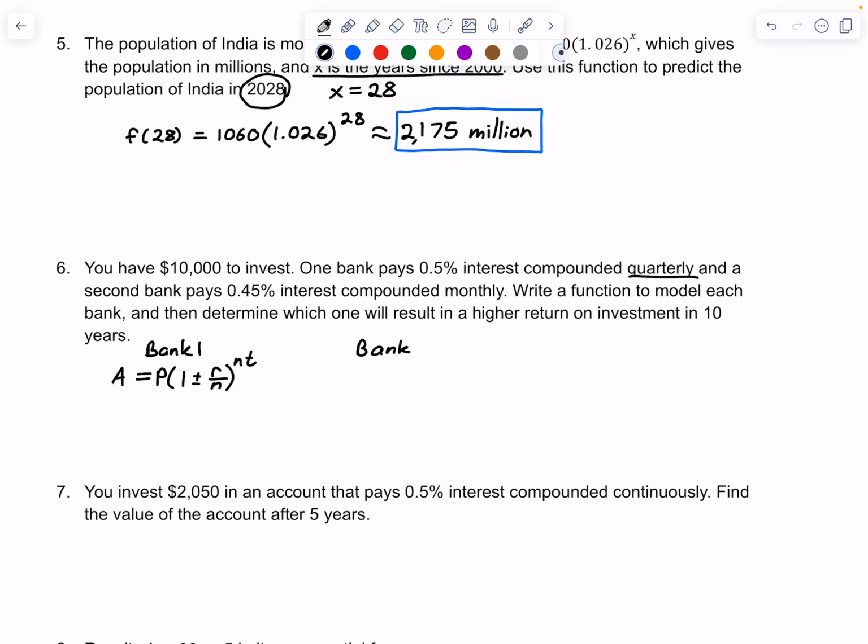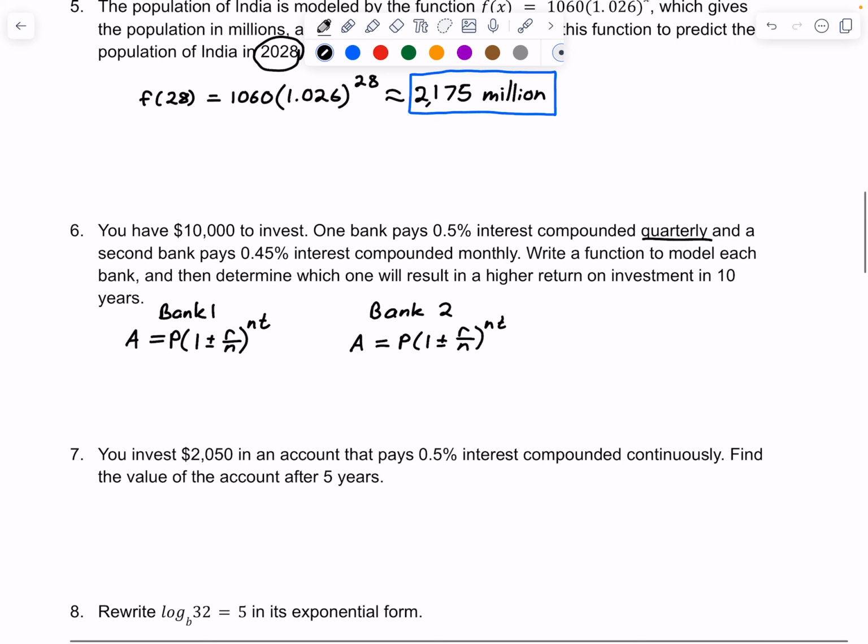For bank 2, actually it will be the same equation. The difference is going to be n. So bank 1 compounds quarterly, which means n equals 4. Bank 2 compounds monthly, which means n equals 12. It's the number of times it's compounded per year. So for the first one, A is what I'm looking for. 10,000 is the amount that I invest.